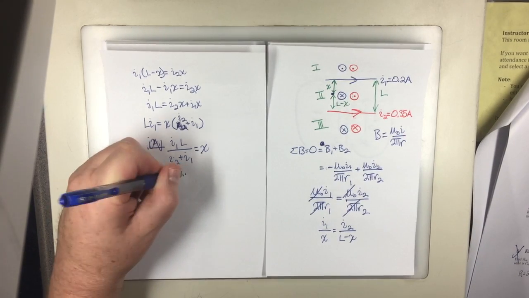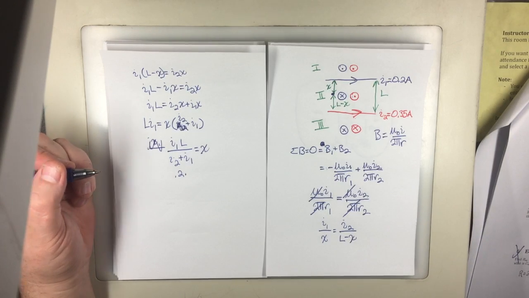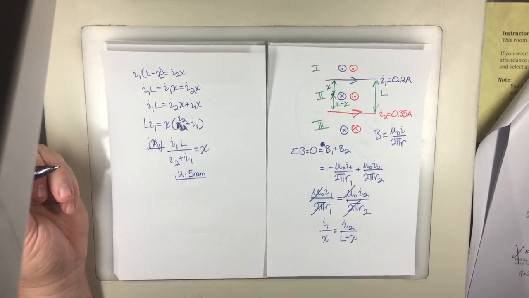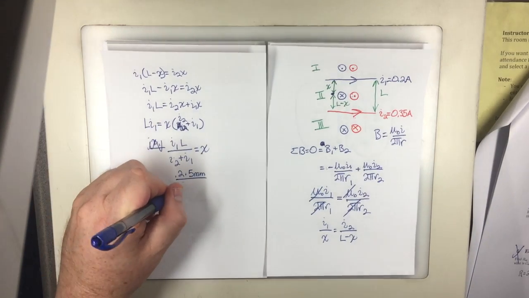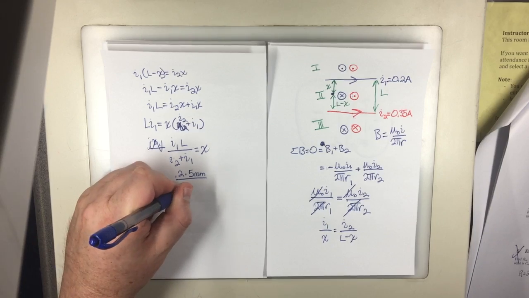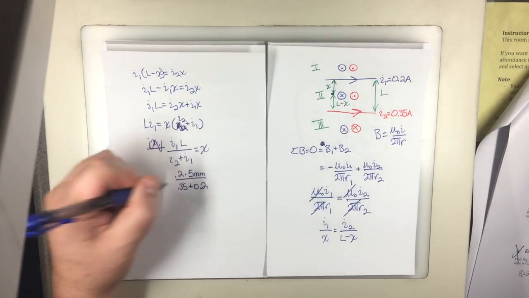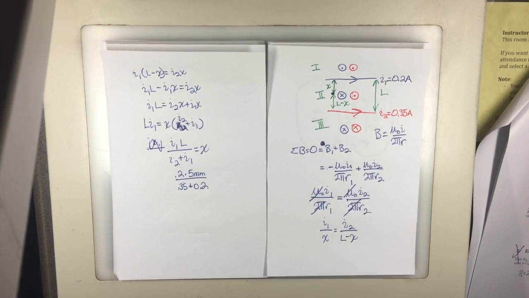I1 is 0.2, L is 5 millimeters. The units probably won't matter. I2 is 0.35, plus 0.2. I'm keeping the millimeters because probably I wanted the answer in millimeters. You could switch it to meters, but it won't make any difference because those amps cancel with that amp, and then you're left with whatever unit you have.